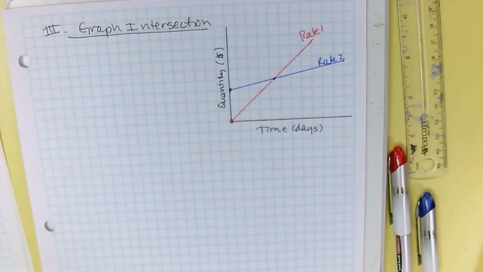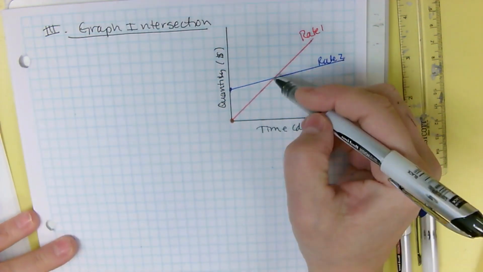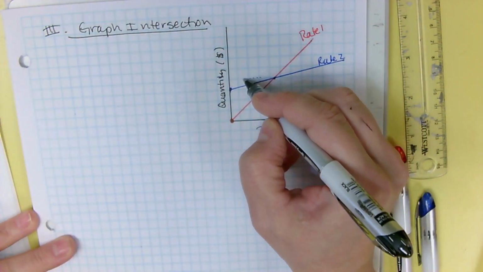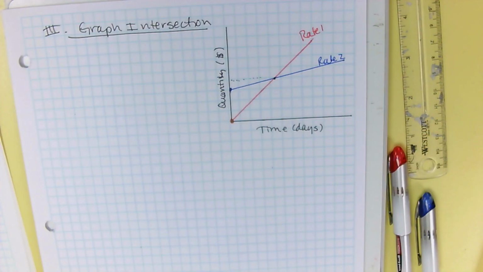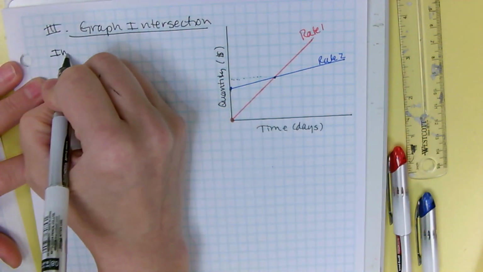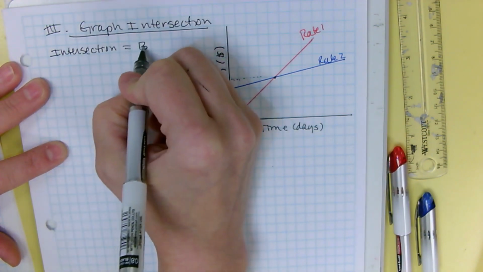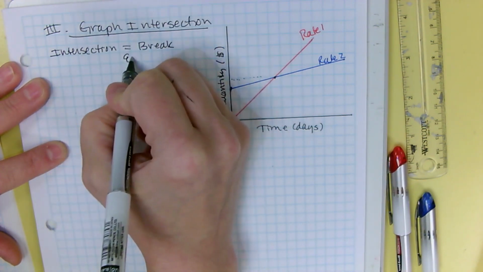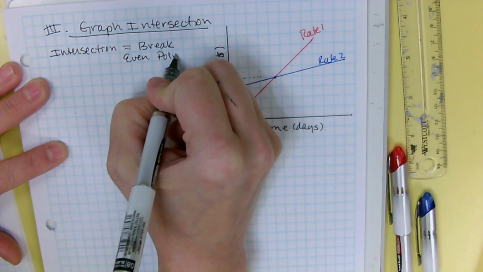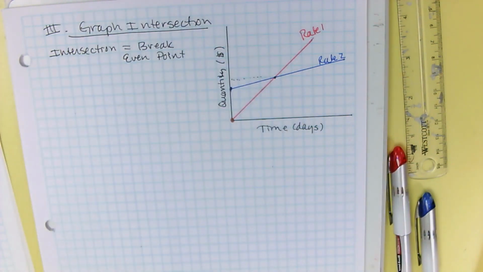How do we actually go about interpreting this? Okay, so where the rates intersect each other, which is right here, corresponds to a certain amount of money. So the intersection on the graph is the break-even point. And we've talked about the break-even point before. It's where the two rates are actually the same.